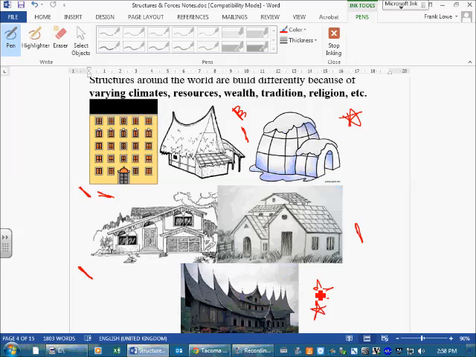Another one that I don't have on this list that I'll throw in is population density. If you live in an area where there's a very large population, then there might not be enough room for everybody to live in a house this big, and especially not this big.